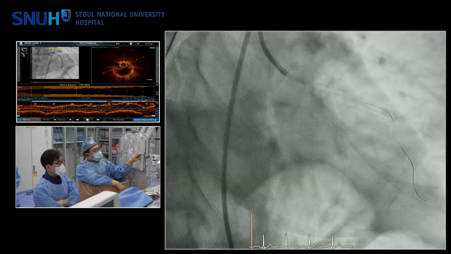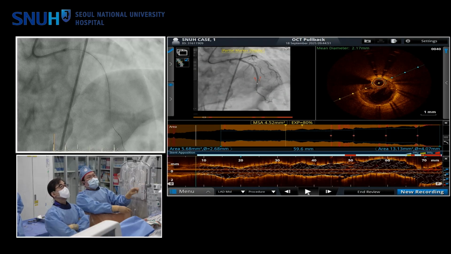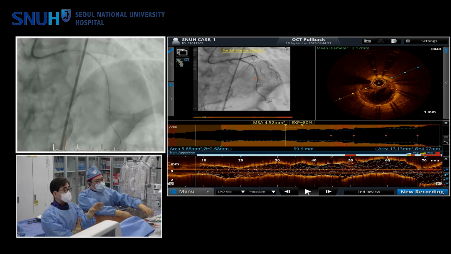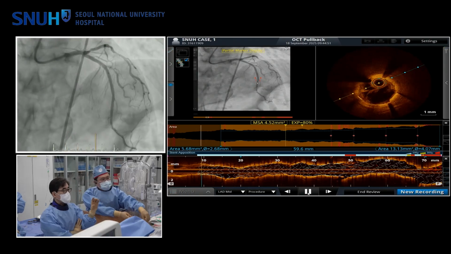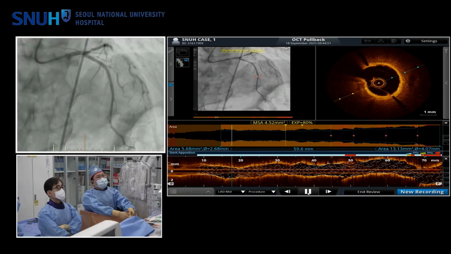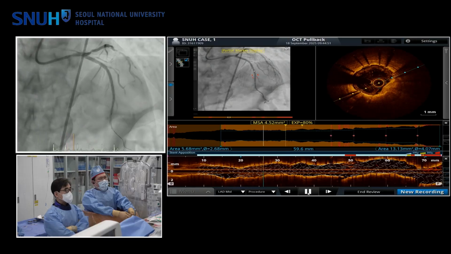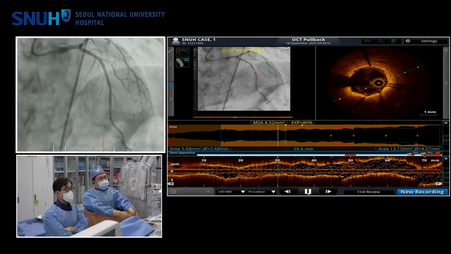Can you see the final OCT? Okay, we can see the longitudinal analysis. We can see a really well expanded stent. There is no red dot through the mid LAD to proximal LAD.